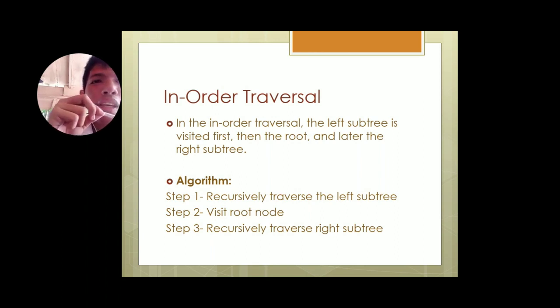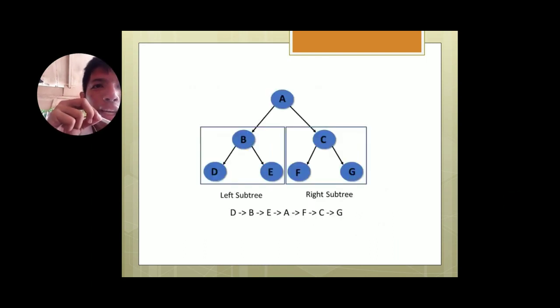So the algorithm is: step 1, recursively traverse the left subtree; step 2, visit the root node; and step 3, traverse the right subtree. So we start with the left subtree, D, B and E, then step 2, visit the root, A. The next is the right subtree, F, C and G.